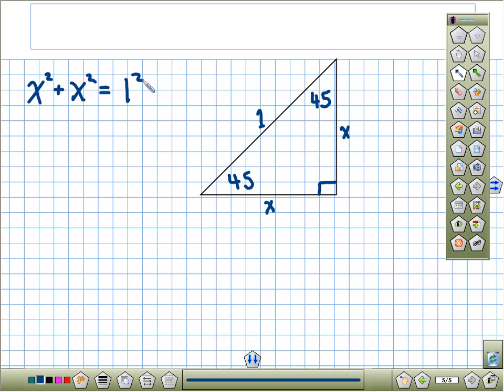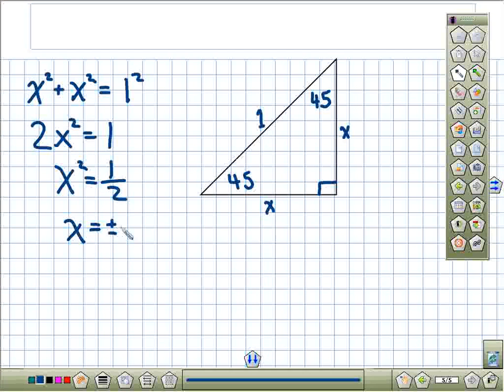So look at this. We have 2 of these x squareds, which equals 1, right? Now I'm going to solve this equation for x. Dividing by 2, I get x squared equals 1 over 2. Now I'm going to square root it. And this is what we get.